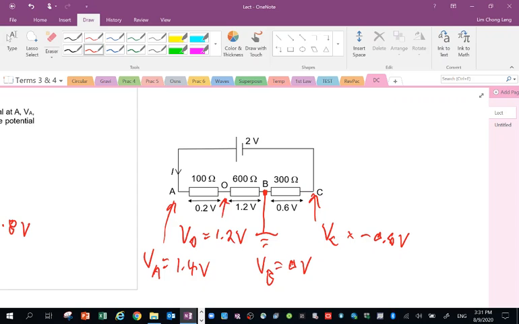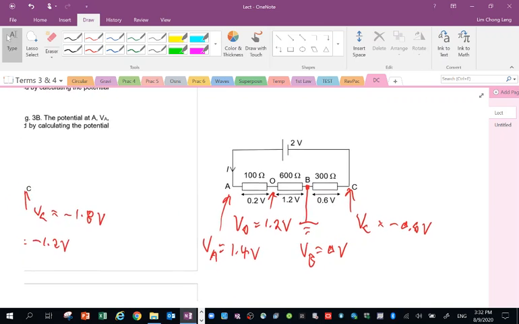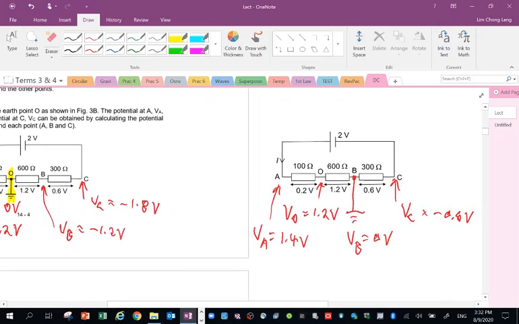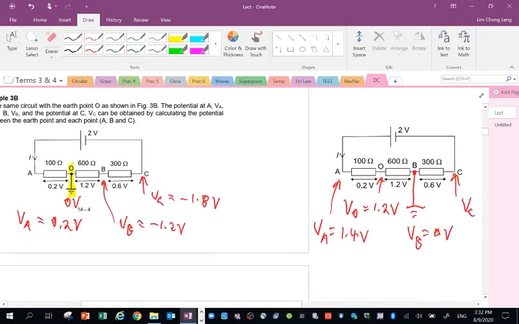So is everything okay? That's the concept of potential. Potential depends on where you earth the circuit. Potential difference is independent of where you earth the circuit.